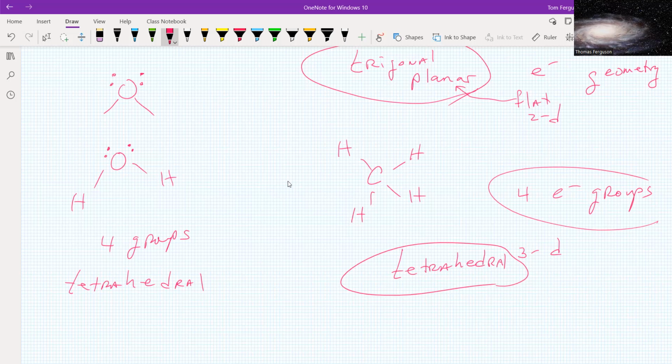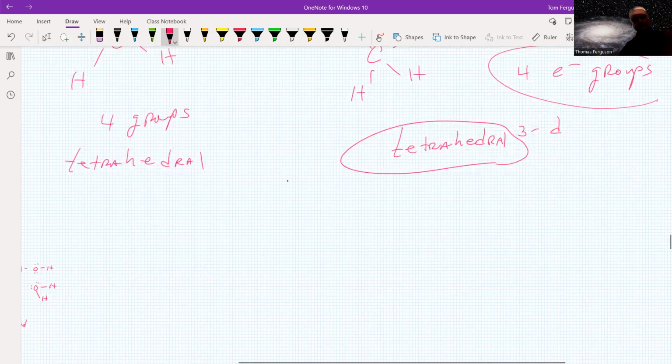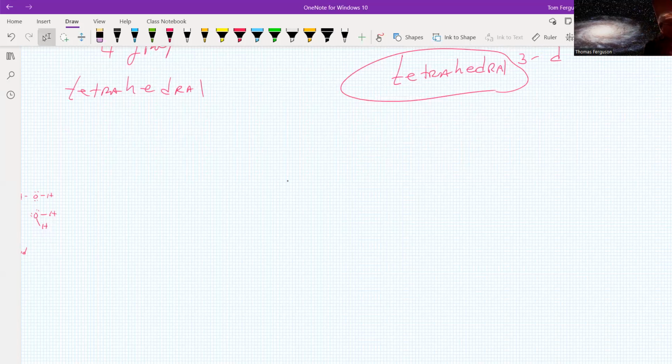Okay, so this has four groups, hence those groups are arranged in a tetrahedral geometry. Again, electron groups are single, double, triple, and non-bonding pairs. The reason I keep repeating this is that it is a very common mistake when people do VSEPR analysis. Okay, so that's the first step.